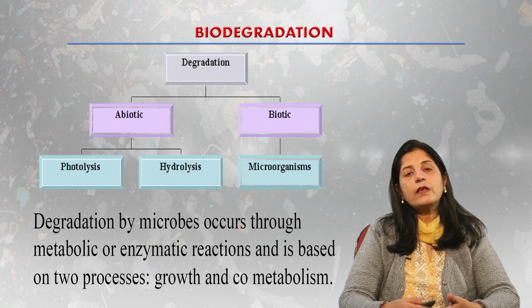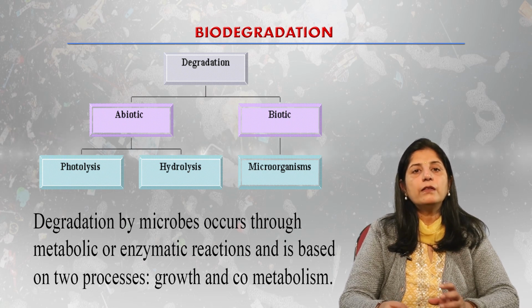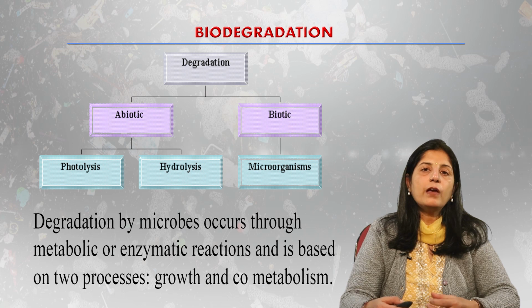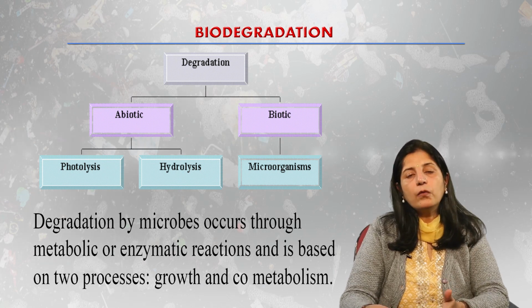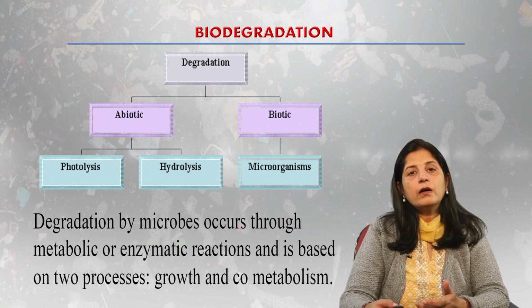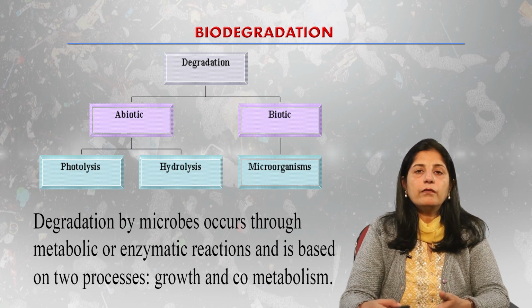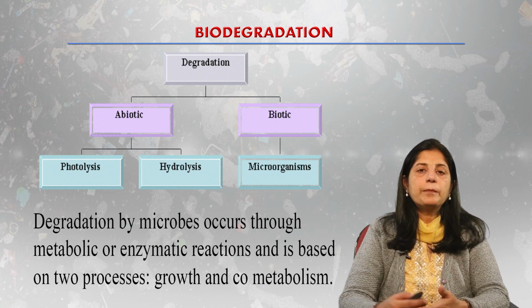Photolysis is the breakdown of a chemical with the help of UV radiation present in sunlight. It generally breaks down chemicals which have aromatic ring structures, such as PCBs. Then hydrolysis is the breakdown of a chemical through water, which is supported by sunlight or heat energy.